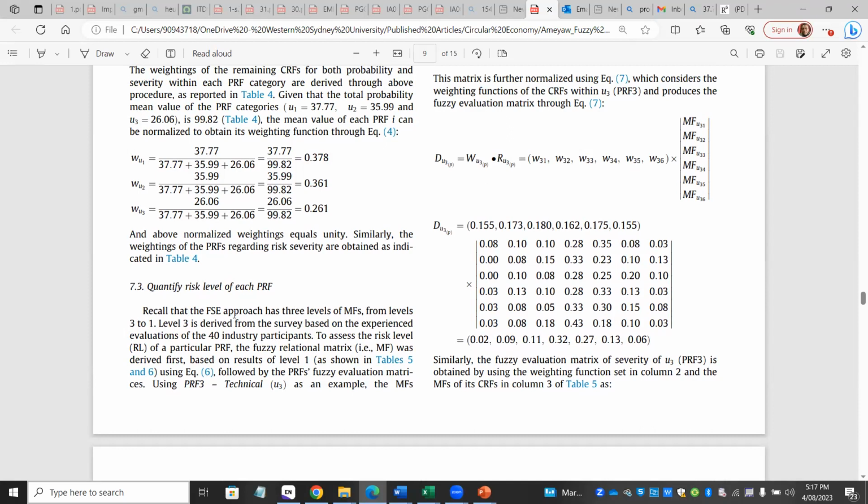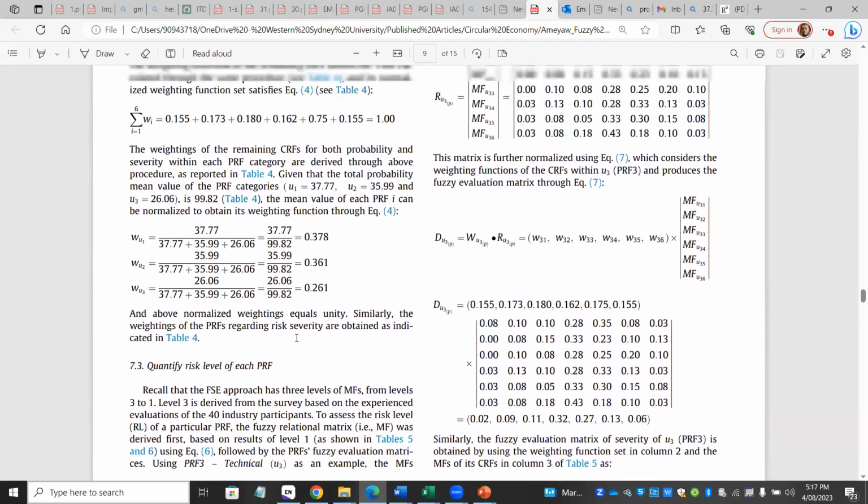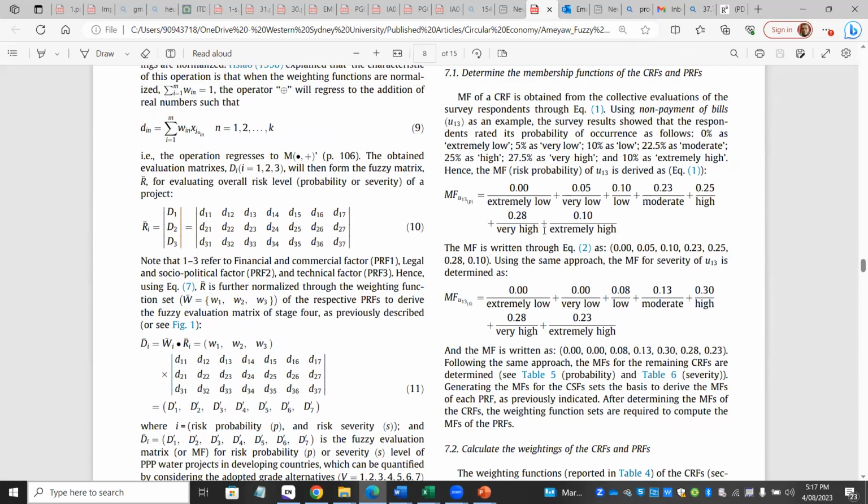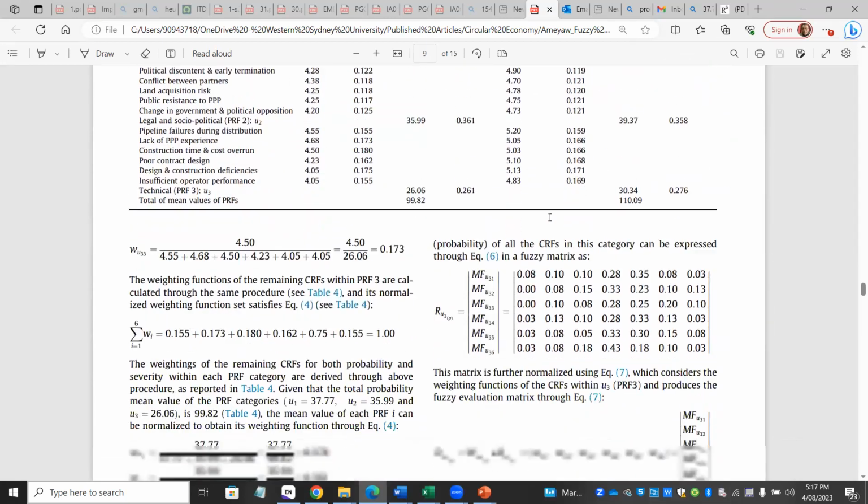Recall that the fuzzy synthetic evaluation approach has 3 levels of membership functions from levels 3 to 1. So start from level 3 to 1. Level 3 is derived from the survey based on the experience evaluations of the 40 industry participants. That was the one done when I was teaching you this. You have to go back to the survey responses and check how each of the factors were responded to. So that's the third level.